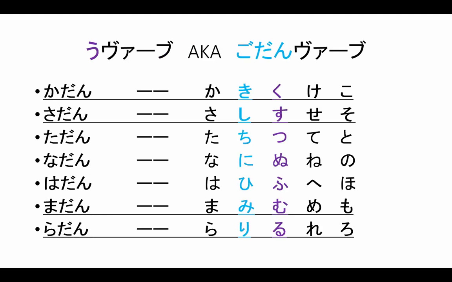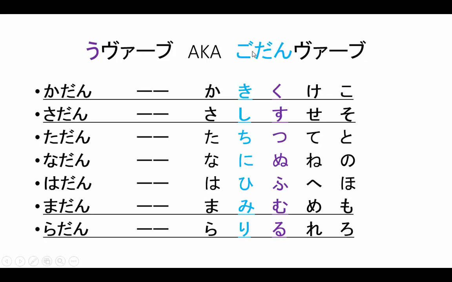Okay. So these u verbs are sometimes also known as godan verbs. Why godan? How many columns do you see here? Ka, ki, ku, ke, ko. How many is that? 5. What's the Japanese word for 5? Go.